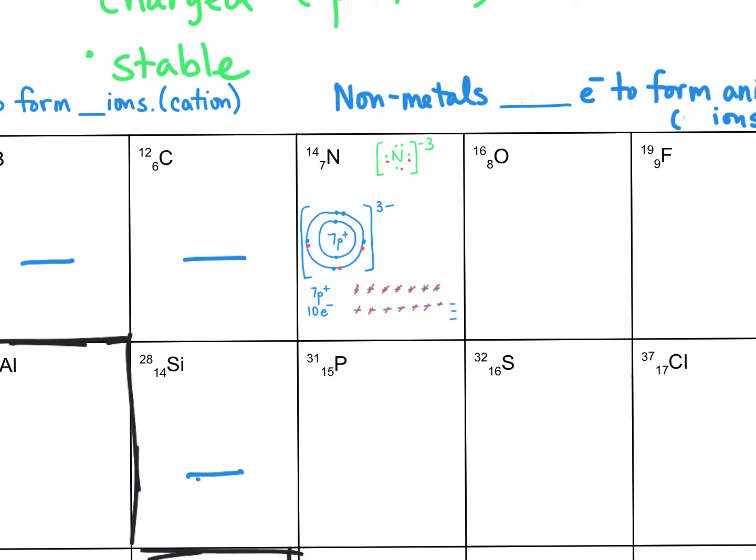And you've already named these ions when you've done your ionic compound nomenclature, but I'd just like to point out that the N3 negative, or N negative 3 ion, is the nitride ion. Okay, so that's the name for that. Similarly, when you form the oxygen ion, it's actually called the oxide ion, as well as the fluoride ion.